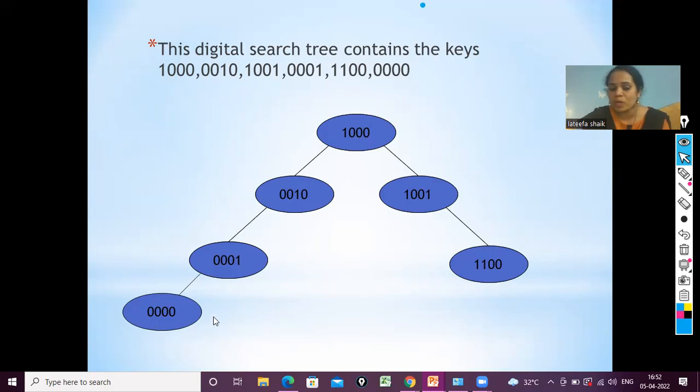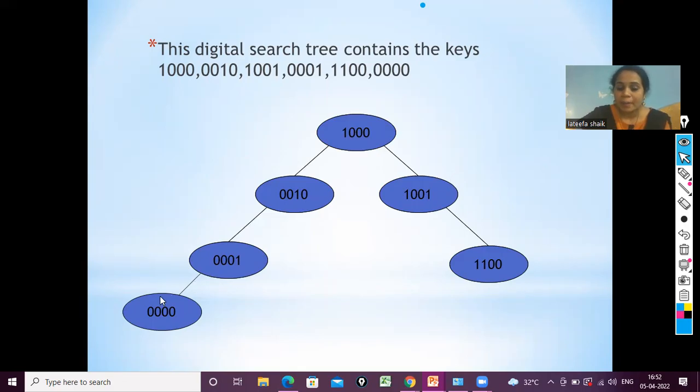Now, these are the terms used in digital search trees. This is the root node, and 0000 and 1100 are the leaf nodes. The intermediate nodes are called internal nodes: 0010 and 0001 in the left subtree, and 1001 in the right subtree.